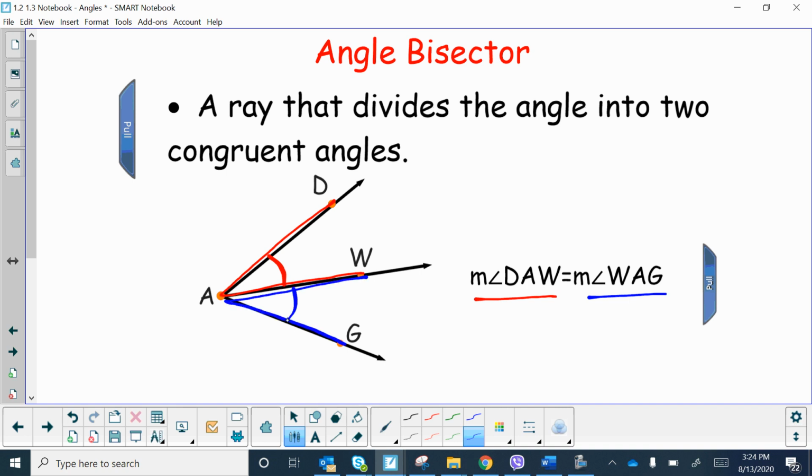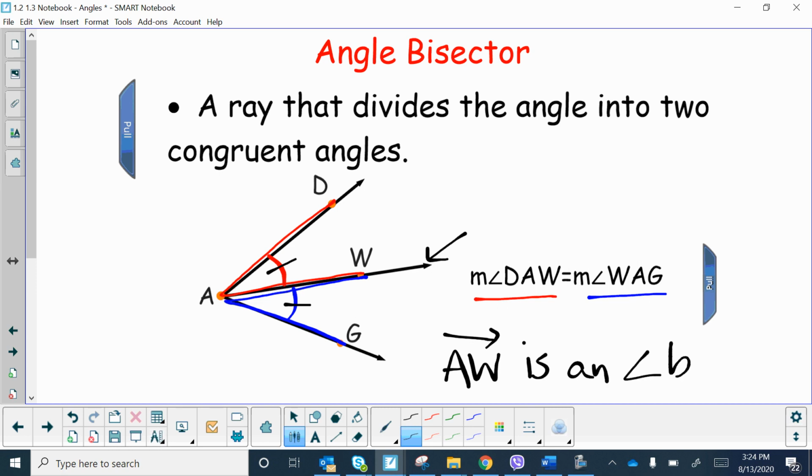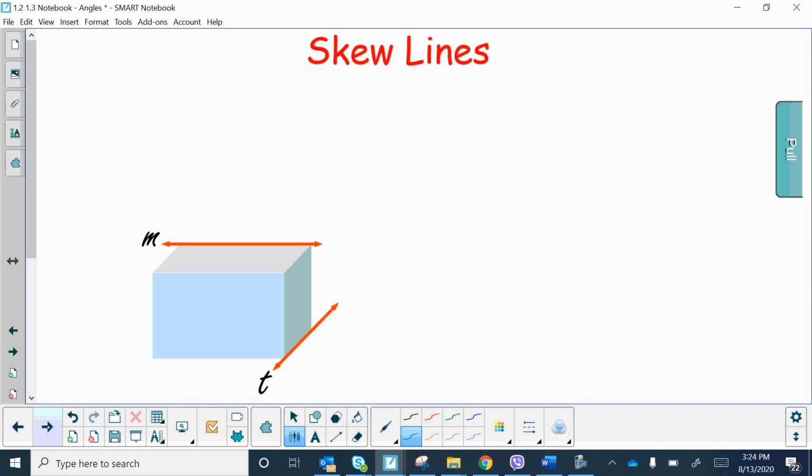Since they're equal to each other, I'm going to put a little tick mark like that, which means this ray right here is an angle bisector. How do you name a ray? We did that in 1.1. Ray AW is an angle bisector. You can use the angle symbol whenever you refer to an angle. So that's an angle bisector.